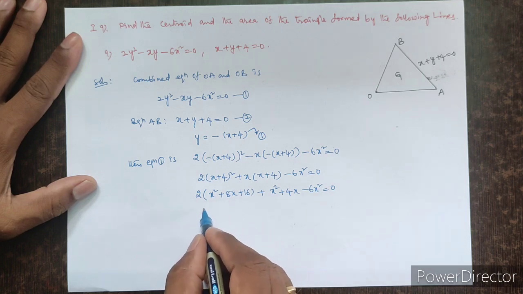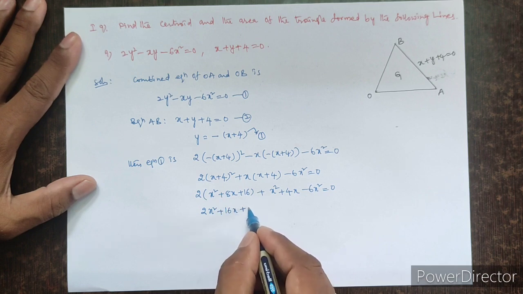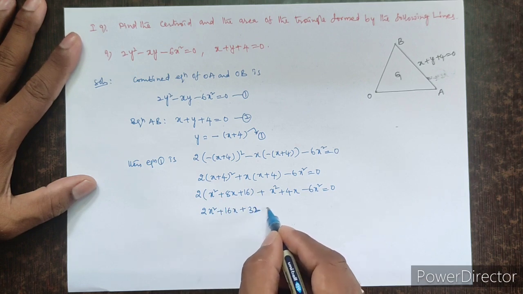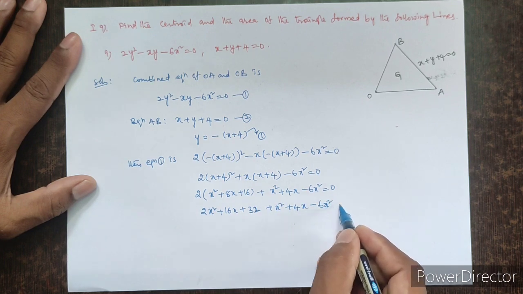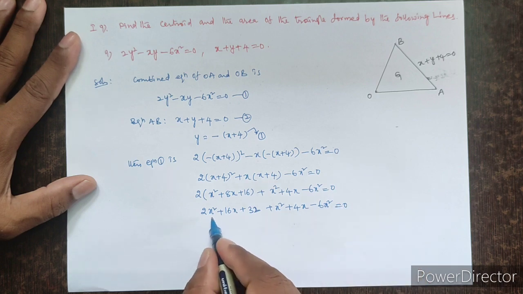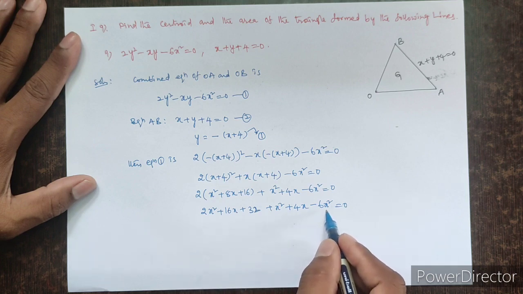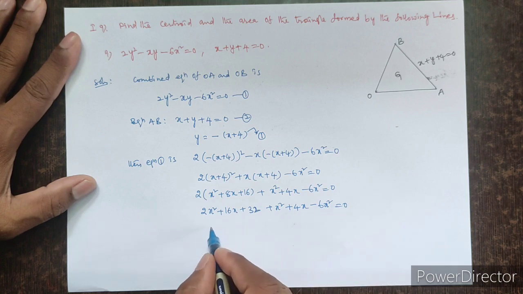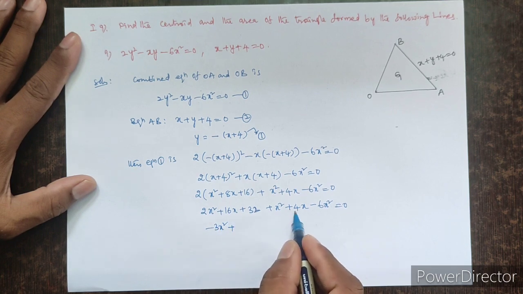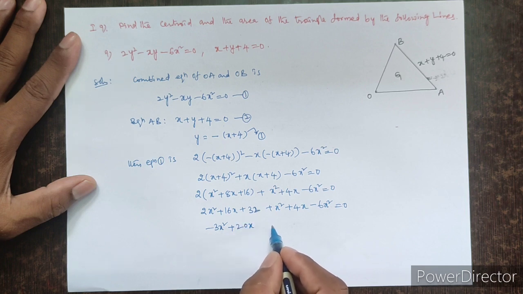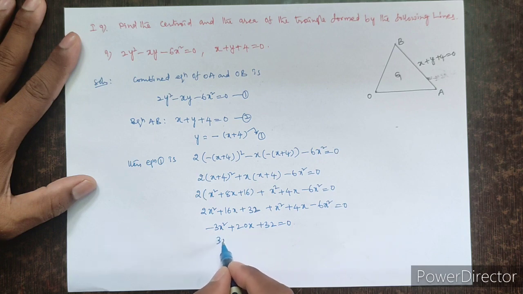Multiply this one: 2x square plus 16x plus 32 plus x square plus 4x minus 6x square equal to 0. 2x square plus x square is 3x square, minus 6x square is minus 3x square, plus 16x plus 4x is 20x, plus 32 equal to 0.